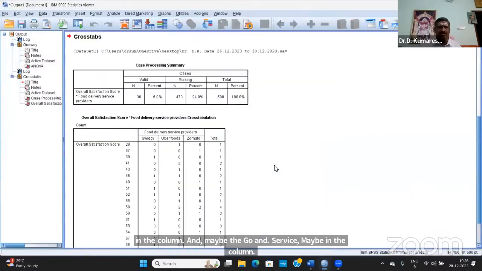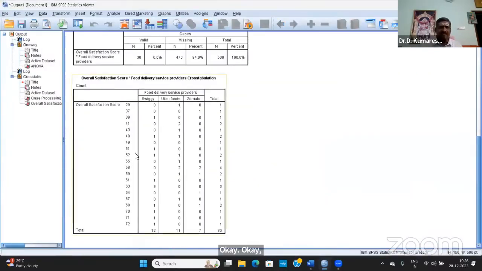Okay. Look at here. Swiggy, Uber Foods, and Zomato. So 29, 37, 39, 41, 43, 48, 49, 51, 52. Now, there are three groups. Group 1, Swiggy. Group 2, Uber Foods. And Group 3, Zomato.